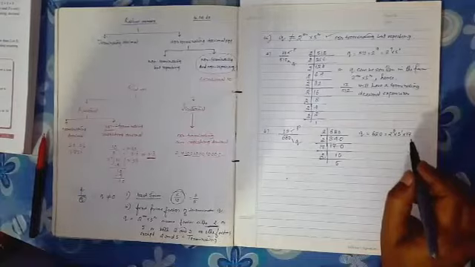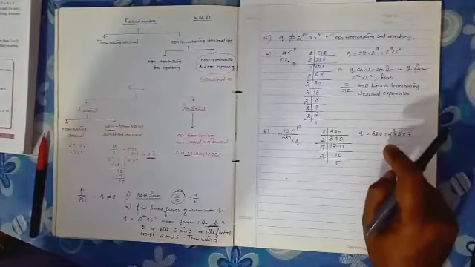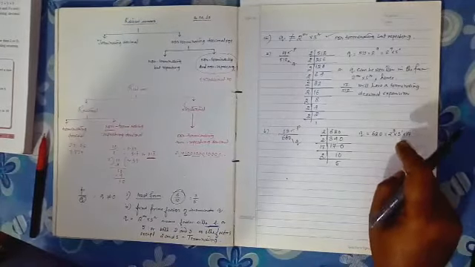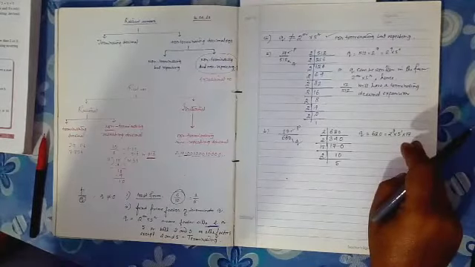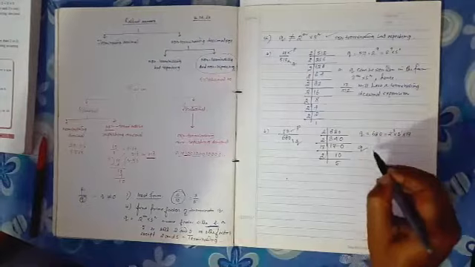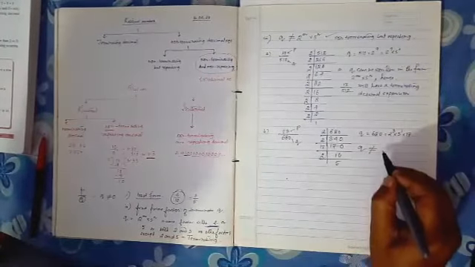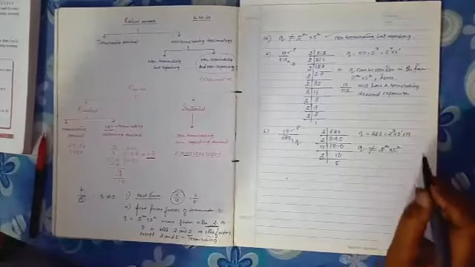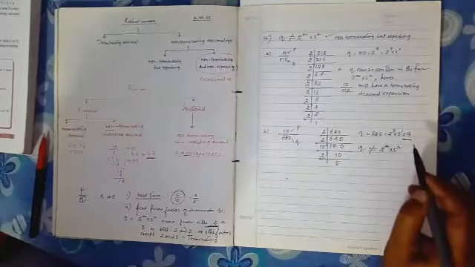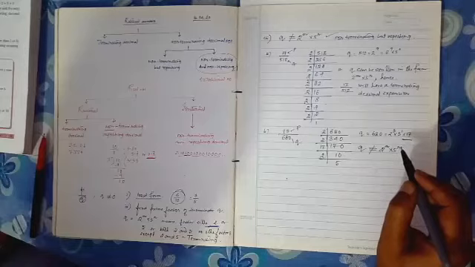So what we have seen, besides the factors 2 and 5, it has 17 as its factor. So Q cannot be written in the form 2 to the power m into 5 to the power n, because it has another more factor 17.